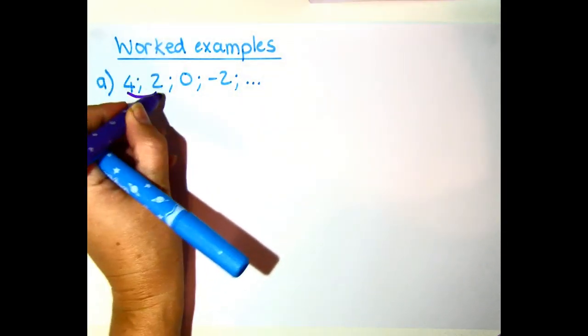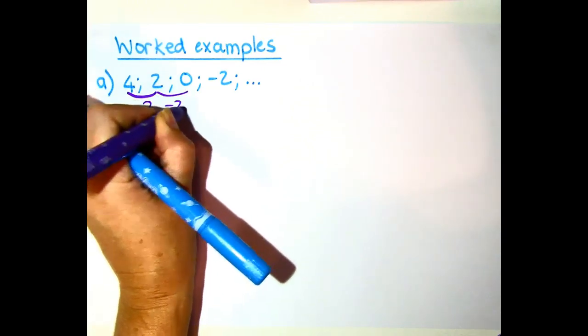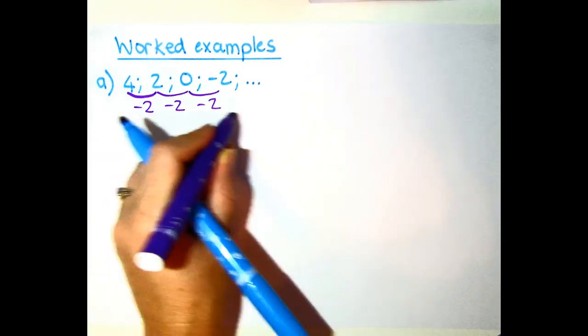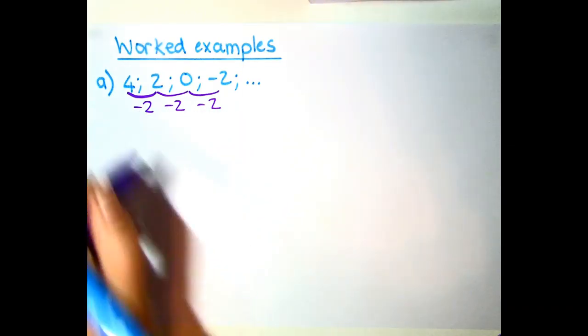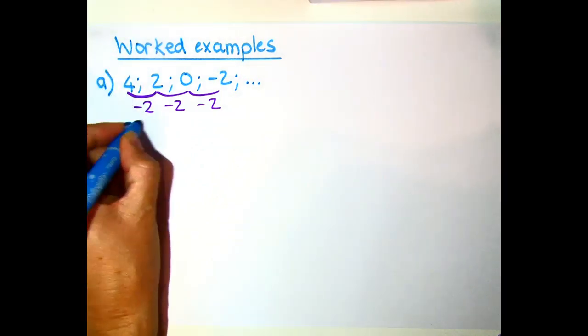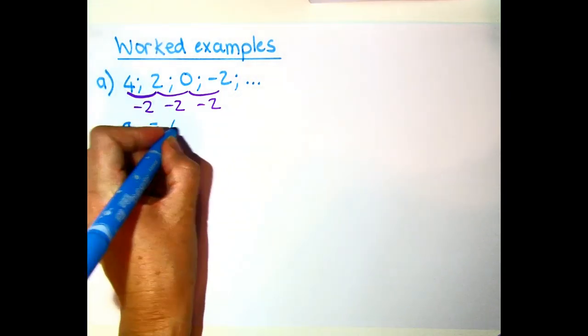And again, 0 minus 2 will be negative 2. I've chosen this example because when the common difference is negative, it can easily slip our minds, and when we see that the difference between those numbers is 2, we automatically go with a positive number, and that's not the case. Okay, so here we can see that our a value, our first term, is 4.